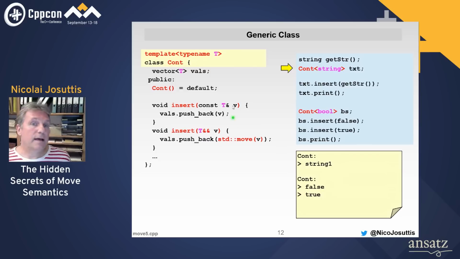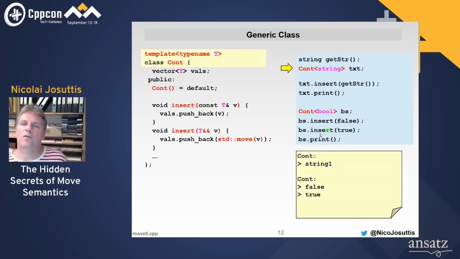Okay, and as we have a container now, let's use a container of bool, and that's also possible. So we have here a type bool, which has no special support for move semantics. It's just a fundamental data type, but it works. Move for bool does not have any effect.